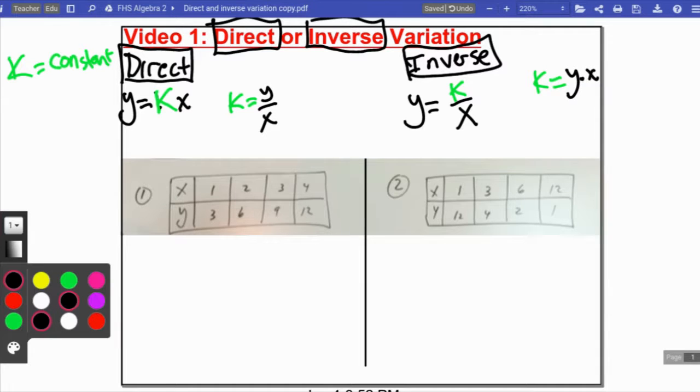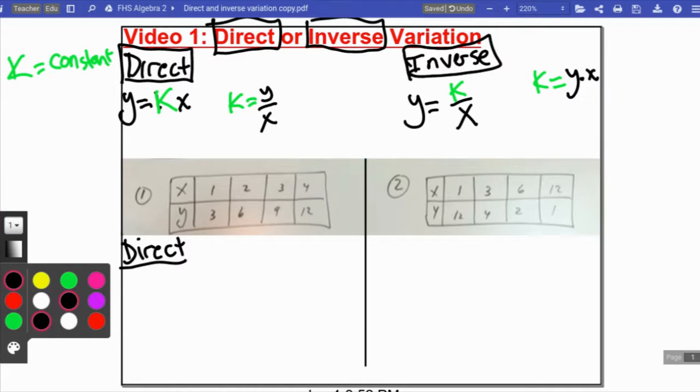Okay, let's put that into work. I give you two tables at the bottom here. The question is, can you tell us which one is direct and which one is inverse? Let's test out direct first. I'm just going to try it and see if it works. So we know it's two equations.